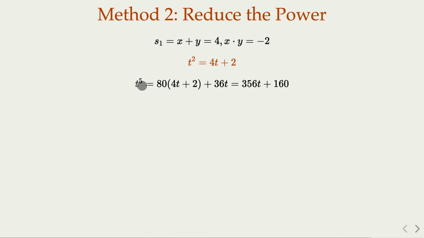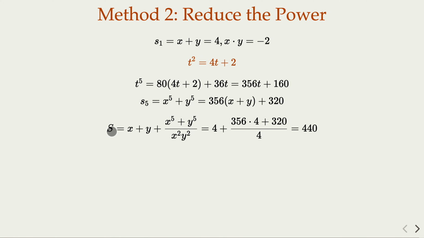t to the fifth power can be replaced with this linear term here with the coefficients here. Now we try to calculate x to the fifth plus y to the fifth. Because both x, y satisfy this equation, you plug in x and y, you add them together, you get this one times x plus y, and 160 appears twice, so it's going to be 330. That's S5. Okay, don't calculate it because we're going to cancel that later on.